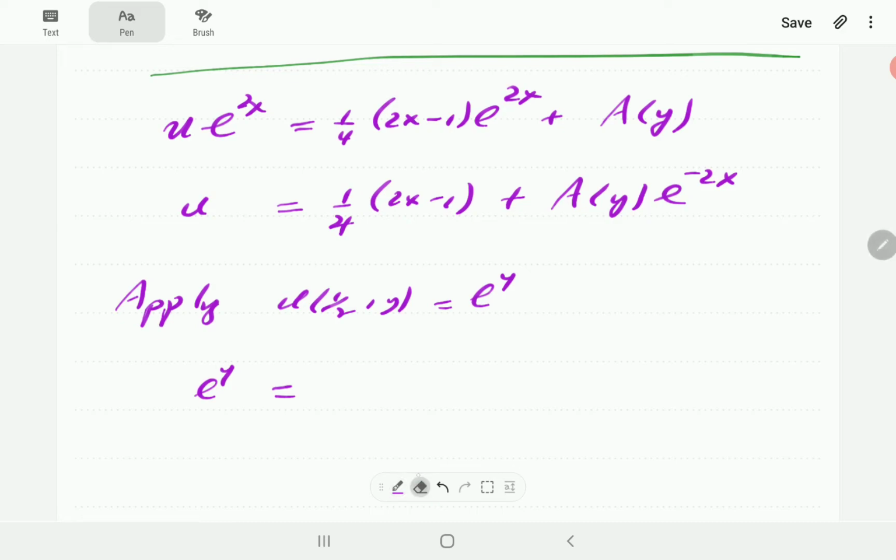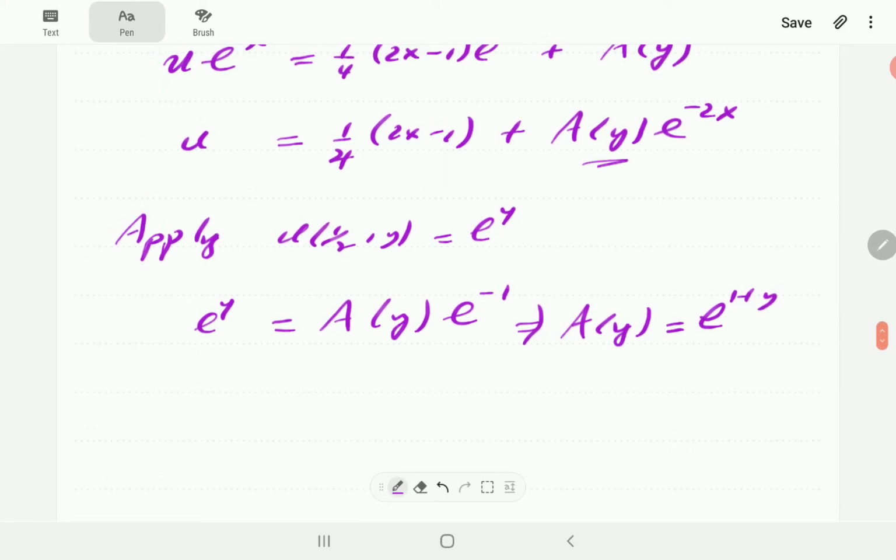If we do that, this term is going to vanish actually. So we're going to have a of y e to the -1. So this is telling us that a of y is going to be e to the 1 plus y.